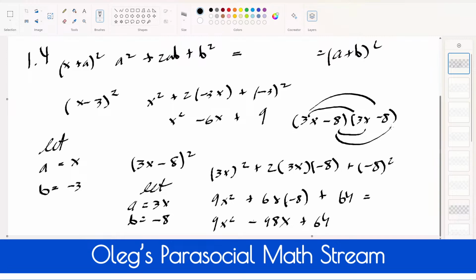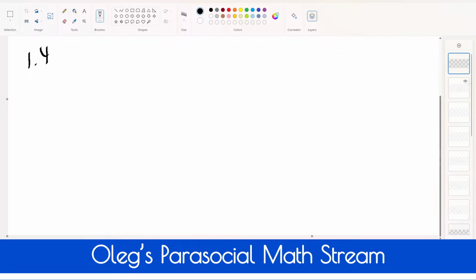Okay, let's expand. So we have (4x - 1) squared. We're going to expand this. We have (a + b) squared is equal to a squared plus 2ab plus b squared, our perfect square formula.